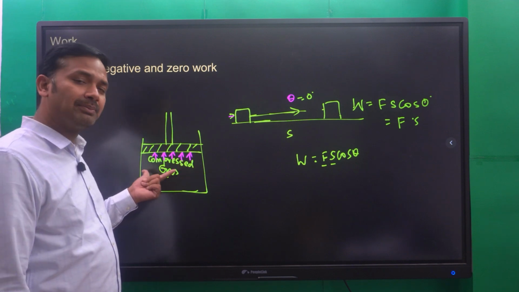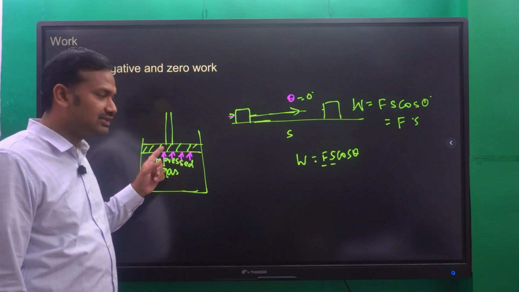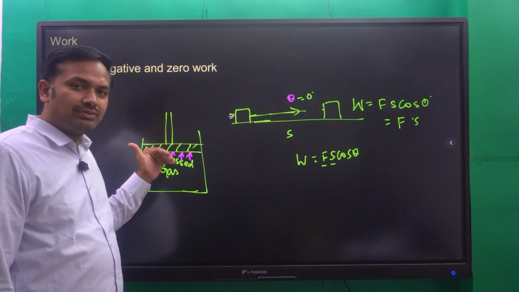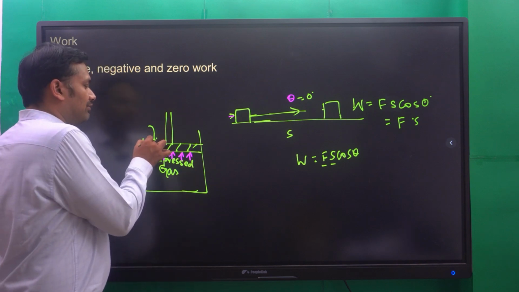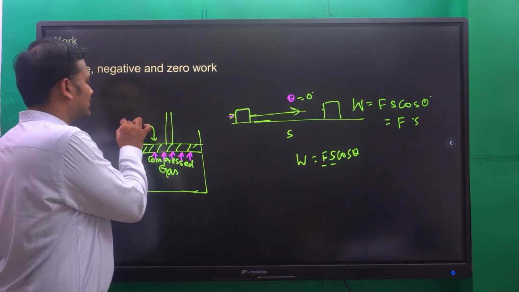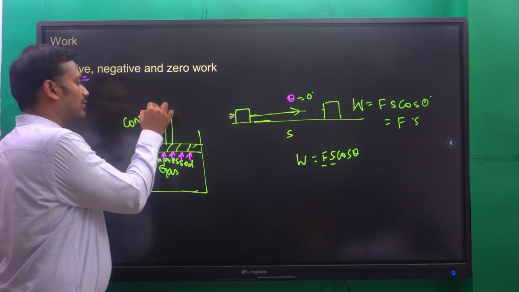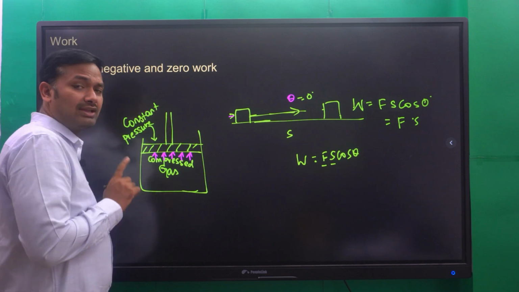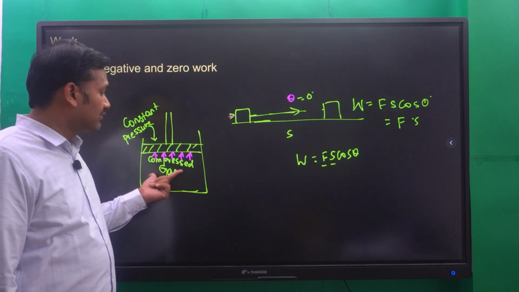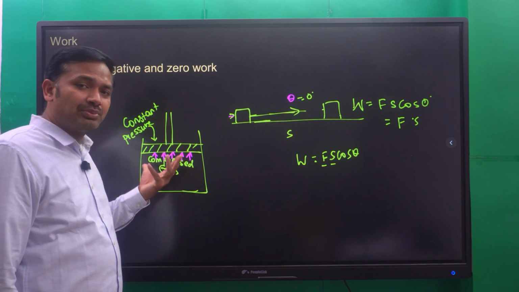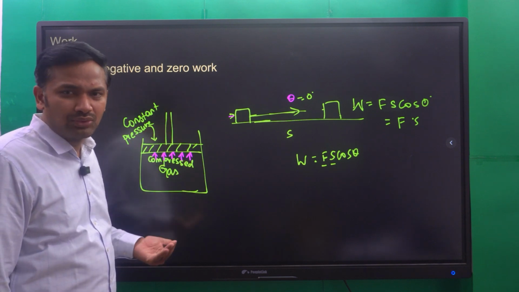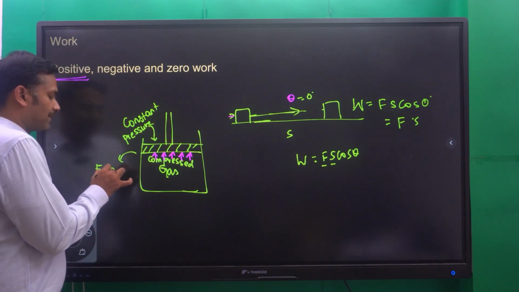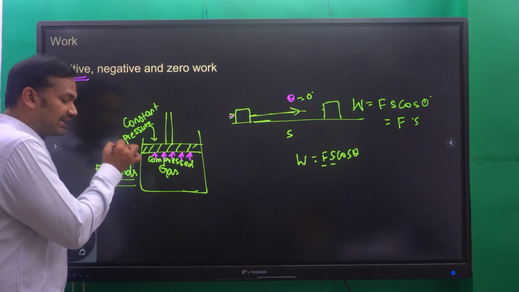Suppose the piston has constant pressure from outside, and from inside it has the applied force. Because of this, the piston is allowed to move. If it is allowed to expand, this piston moves up, that means it is getting expanded.